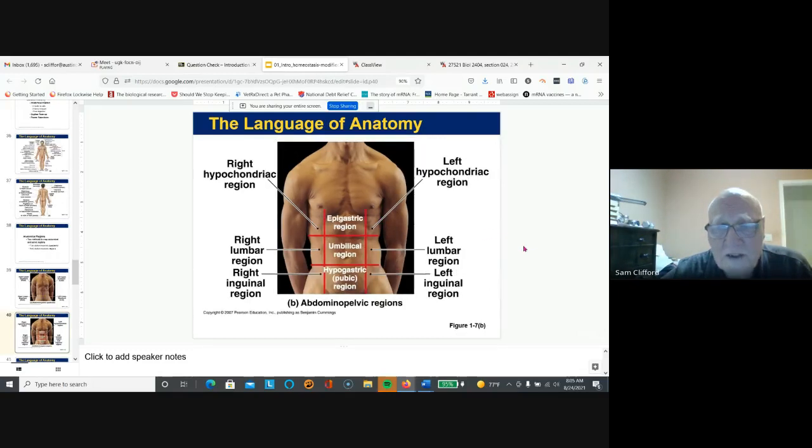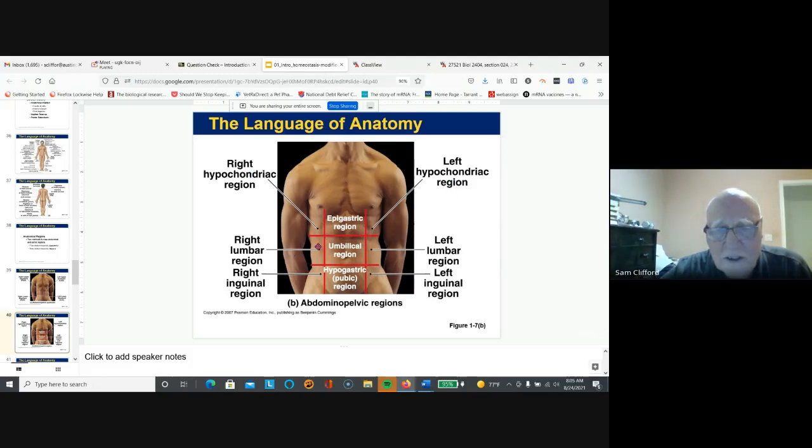If we go to regions, epigastric is above the stomach, umbilical region is on top of the umbilicus, hypogastric is below the stomach. Right hypochondriac is where the ribs are underneath, right and left.